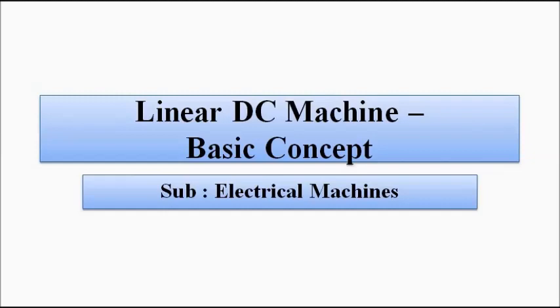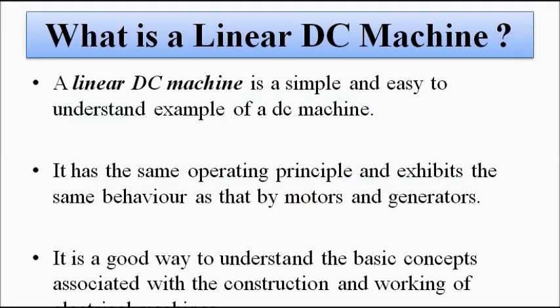So first, what is a linear DC machine? Okay, what does it do exactly? So as I said, this is a very simple and easy way to understand the functioning, the principle of operation of all other DC machines, be it motor or generator.